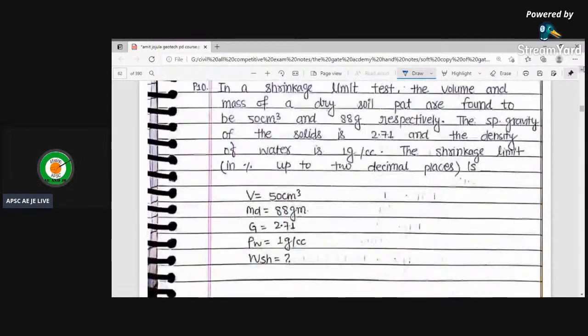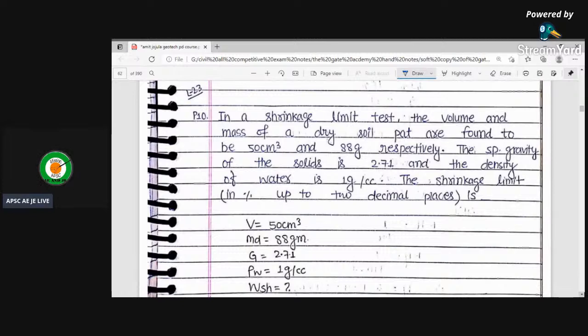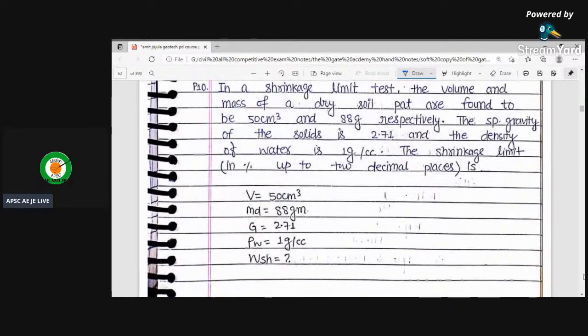Next, we have one numerical. Try to solve that numerical. In a shrinkage limit test, the volume and the mass of a dry soil pat are found to be 50 centimeter cube and 88 gram.